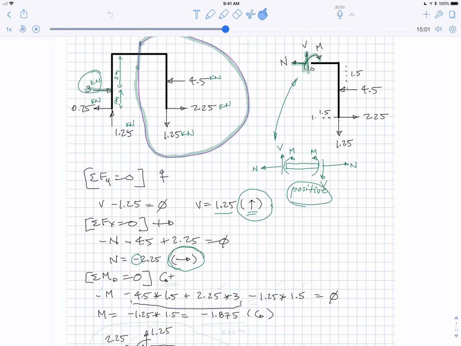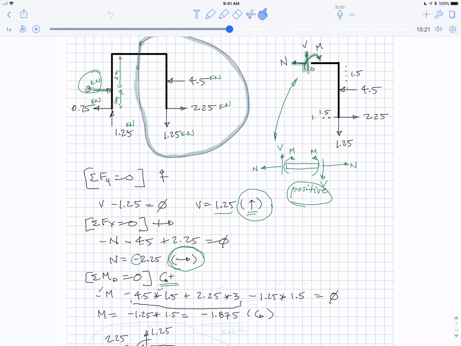Finally, we took moments about D equals 0. I drew in the M as smiley, which is clockwise, which is kind of weird. It's negative for us because we take counterclockwise as positive. You had that minus 4.5 times a distance of 1.5 going clockwise.